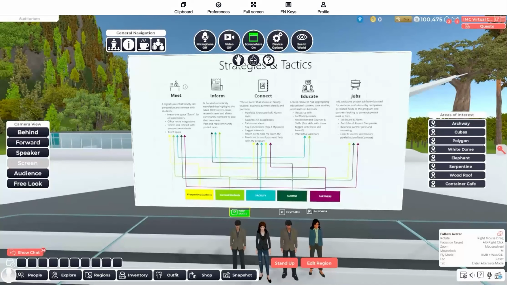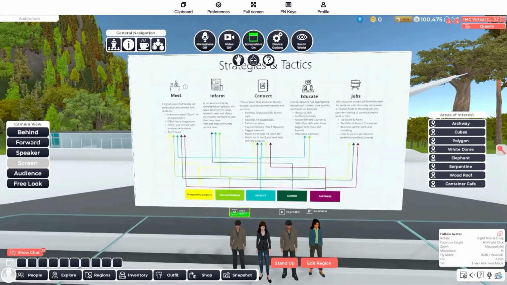And then inform, we came up with an AI curated community news feed that highlights the latest XR and AI news, research news, and allows community members to post their own news, and then you can interact with this news and talk with other individuals. To connect, we believe the ability to connect through this platform would be essential in creating a virtual phone book or Rolodex where each segment can have their own user profiles would be a great opportunity.